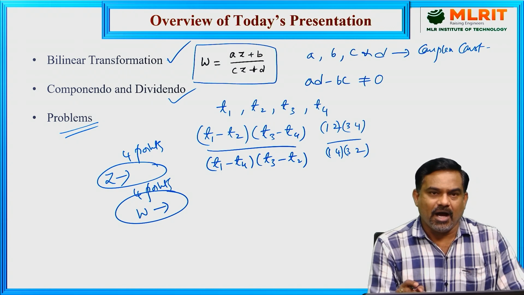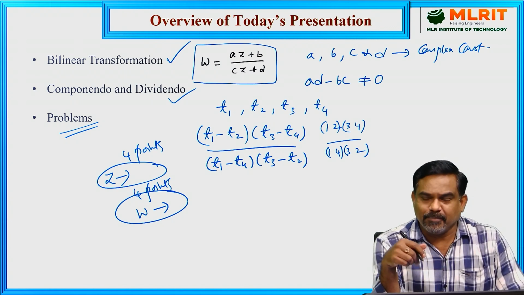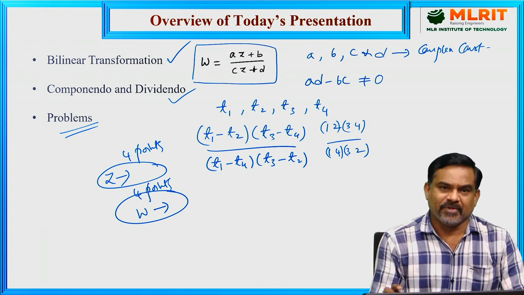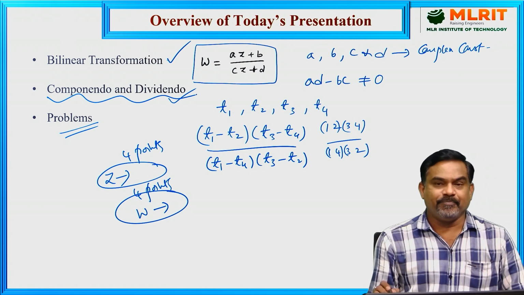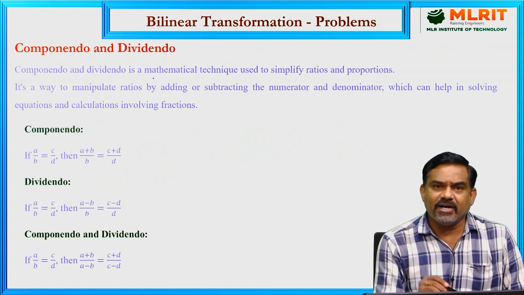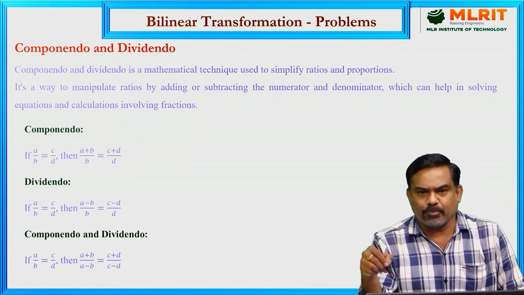Now today I am going to solve some problems on bilinear transformation. That means if the points are given, how to find the bilinear transformation. For that we sometimes use the componendo and dividendo property. Now what is that property? Componendo and dividendo is a mathematical technique used to simplify ratios and proportions.